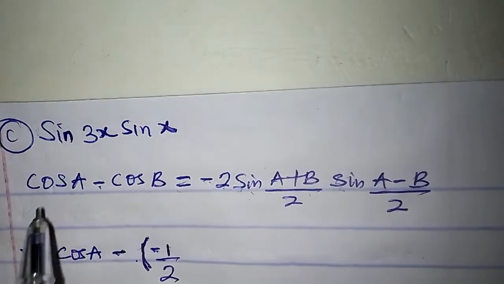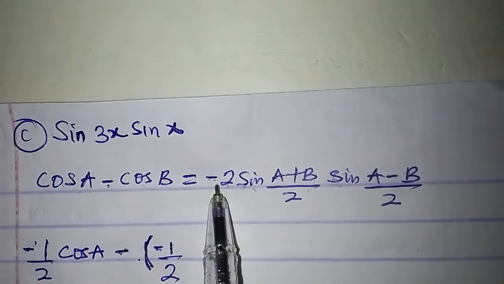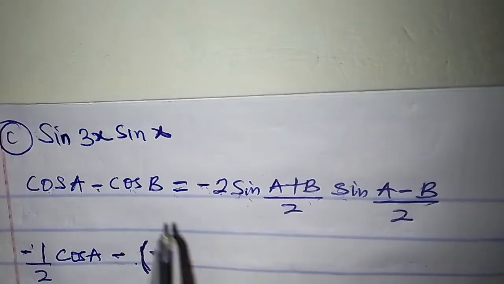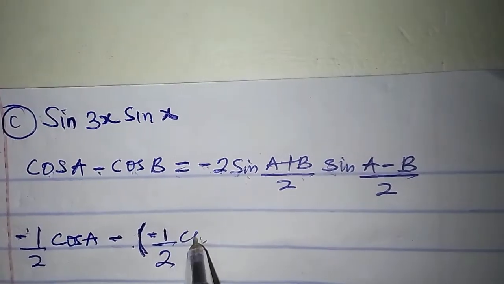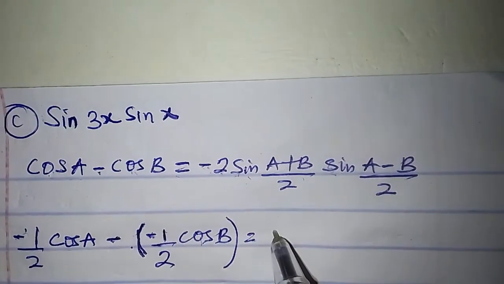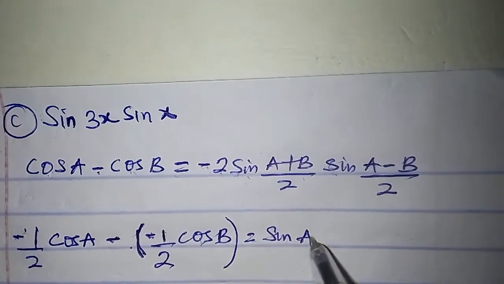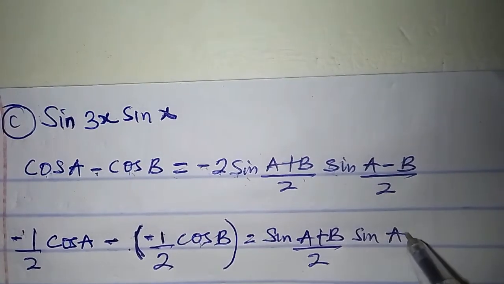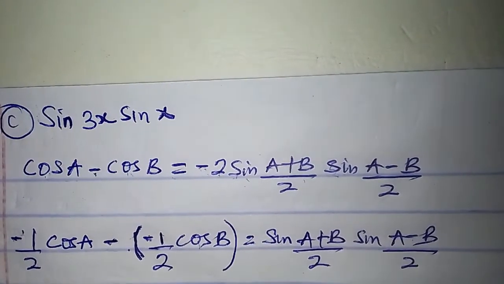So divide these two by minus 2, we're having minus half, cos B, which is equal to sine A plus B all over 2 sine A minus B all over 2.